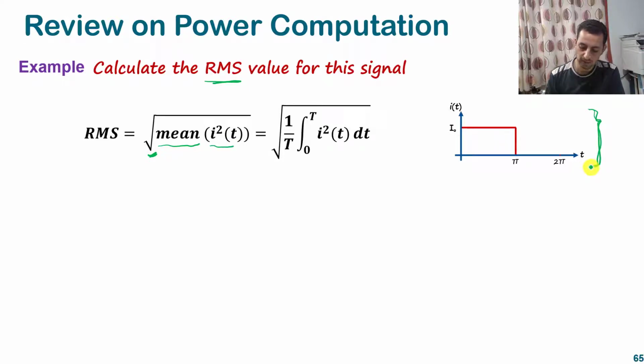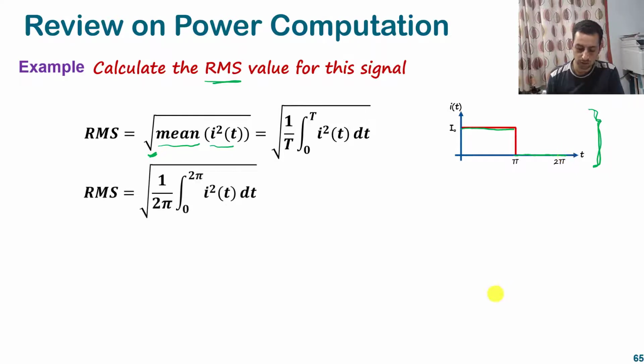What's the square of this signal? We have just I naught here, and 0. If I square the 0, it will be 0. If I square the I naught, it will be I naught squared, and it will look like this. So this signal now is I naught squared, and this is what I want to get as the average or mean, and then I will take the square root of this.